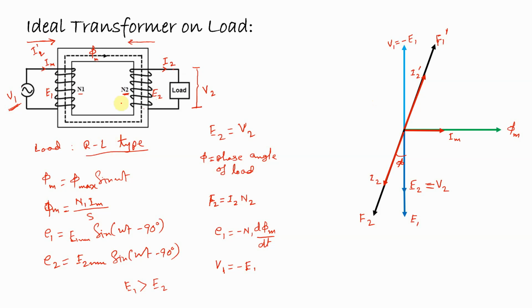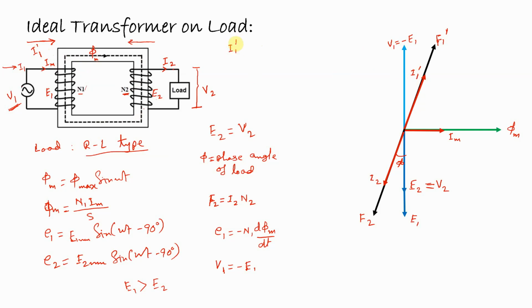So now in this case, the total current flowing in the primary is the summation of Im and I1 dash. This total current is represented by I1, and it is considered as the primary current. Remember, in the primary side each and every value is denoted with the term 1, so it is I1 dash. So this is the load component of the primary current.